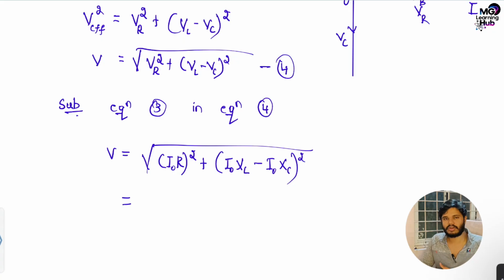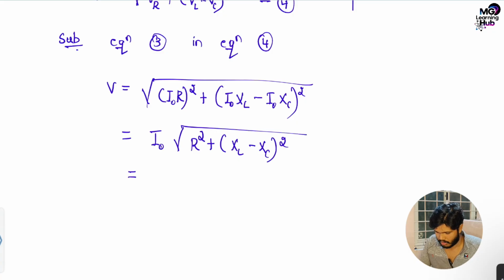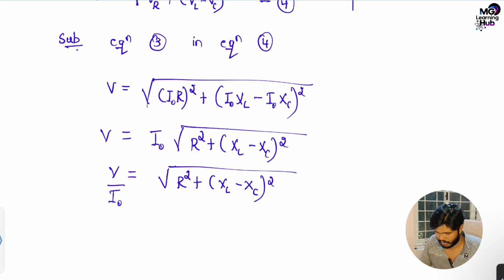Now we will take I naught common. ಸೊ ಐ ನಾಟ್ನ ಕಾಮನ್ ತಗೊಂಡ್ರೆ ಐ ನಾಟ್ ಹೋಲ್ ಸ್ಕ್ವೇರ್ ಆಗುತ್ತಾ. ಐ ನಾಟ್ ಹೋಲ್ ಸ್ಕ್ವೇರ್ನ ಸ್ಕ್ವೇರ್ ರೂಟ್ ಇಂದ ಈಚೆ ತೆಗೆದ್ರೆ we will get I naught. ಸೊ ಒಳಗಡೆ ಉಳ್ಕೊಳ್ಳೋದೇನು R square plus XL minus XC whole square. Now can I write it like V by I naught is equal to root of R square plus XL minus XC whole square.